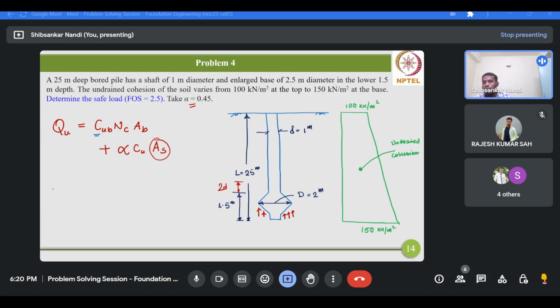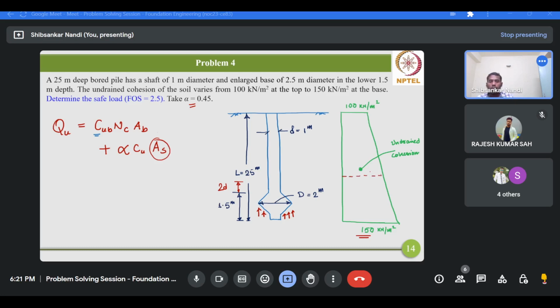Now, another concern is about the cohesion values. For the base of the pile, we can take the cohesion as 150 kPa. What about the cohesion in the second component, the skin friction resistance component, Cu? Since this cohesion is varying, you have to take the average.